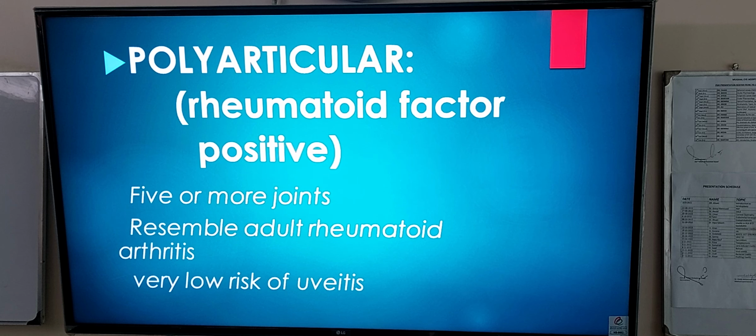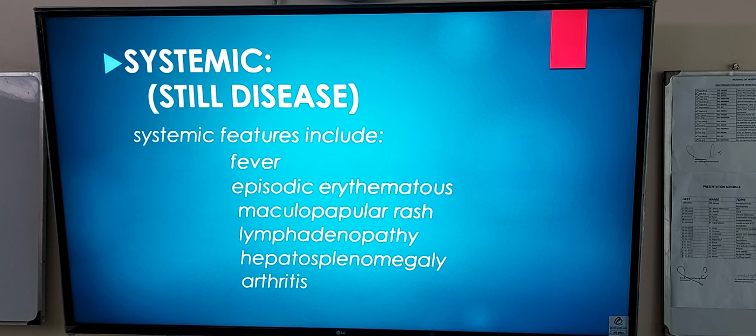Second form of the polyarticular is rheumatoid factor positive. In this, again, 5 or more joints are involved, but its features resemble adult rheumatoid arthritis, and it has very low risk of uveitis. Systemic disease is also known as Still's disease.